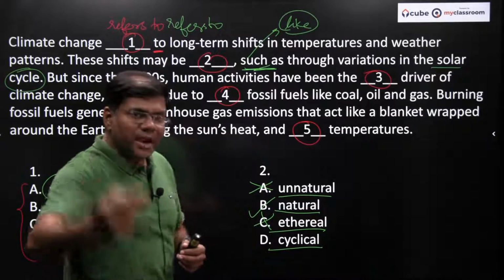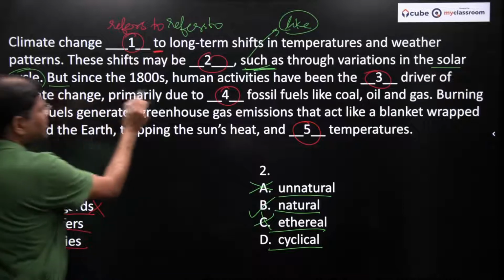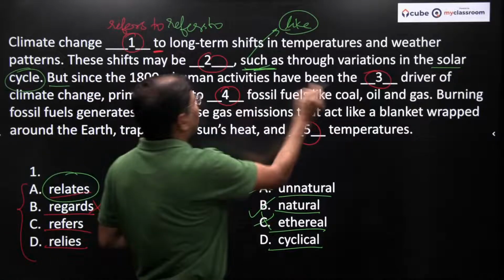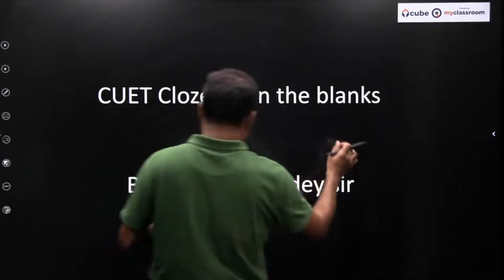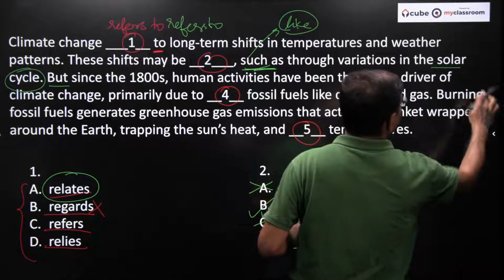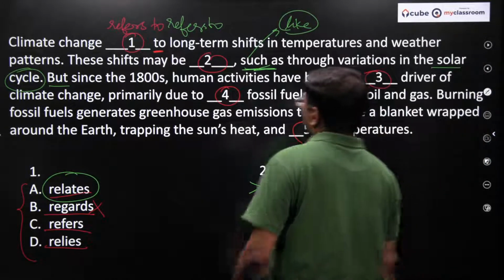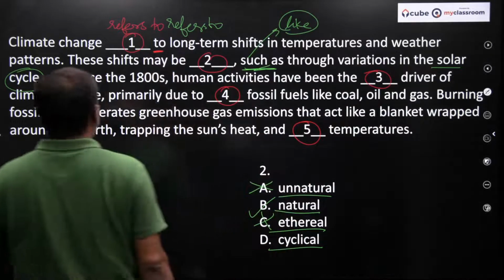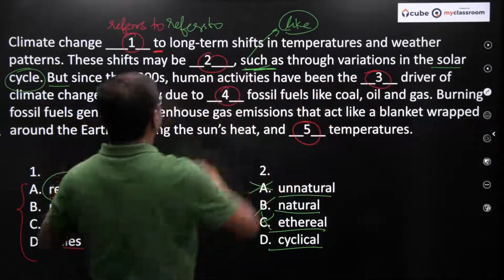But when I go ahead in the paragraph, I realize that the author says, but since the 1800s, human activities have been. So before this, just a moment. So before this, you had basically the variations happening because of the solar cycle.